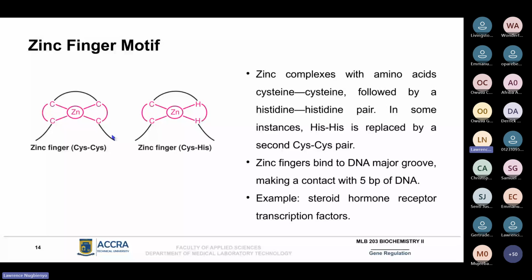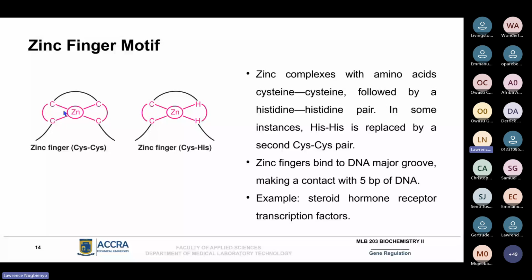And the zinc finger motif generally binds to the major groove of DNA, which is made up of about 5 base pairs. These things, the major groove and minor groove of DNA, you did in first year, so there's no need to go into them so much. But the structure of the zinc finger is such that you have a zinc ion as a central ion.